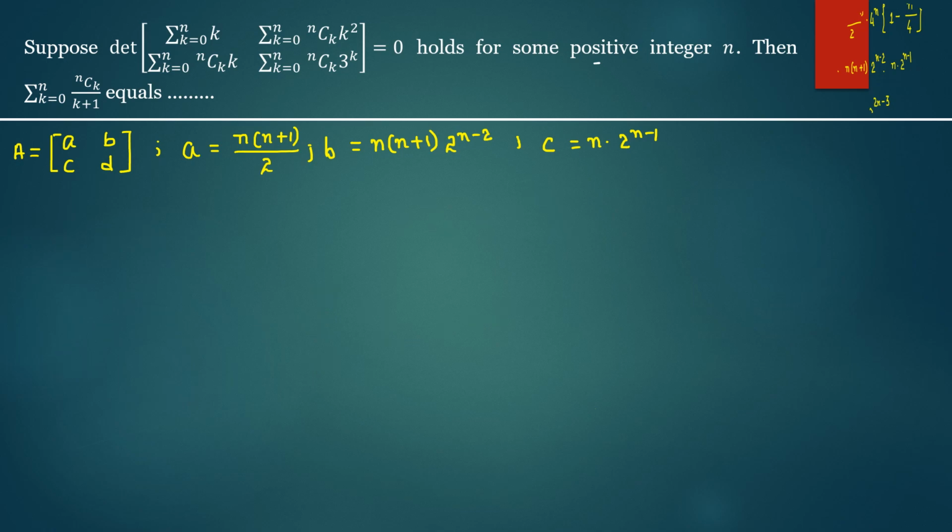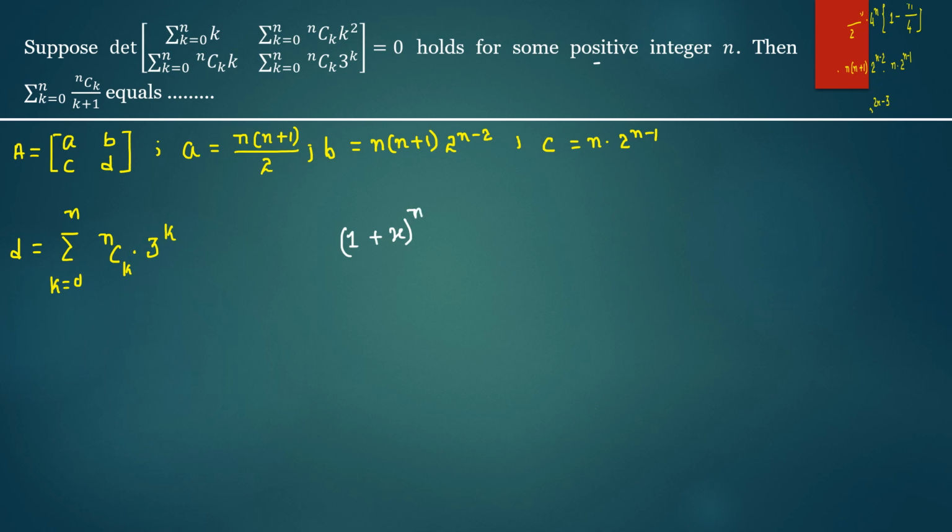See that D is equal to, here the last summation, summation k is equal to 0 to n nCk into 3 to the power k. Now we know the binomial expansion of 1 plus x whole to the power n.